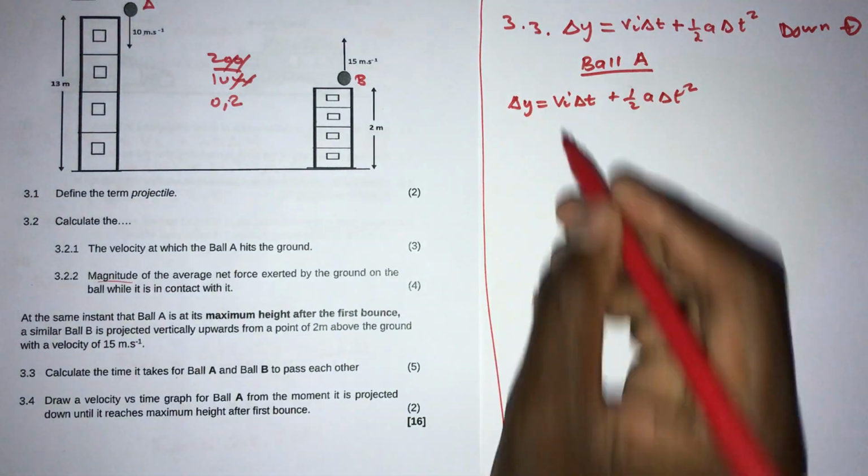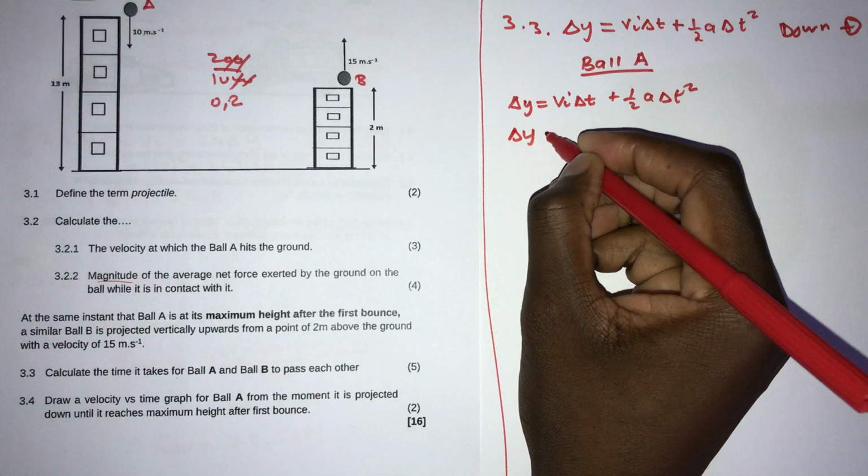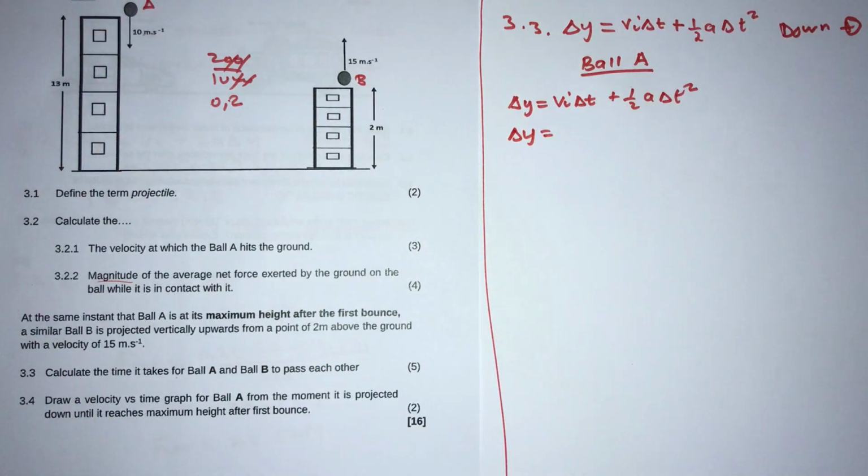The distance where they're going to meet, we don't know, right? So let's just take it at that one. It is equal to the initial velocity of ball A. They're talking about when ball A was at the maximum height. So ball A at the maximum height, the velocity was 0 before it comes back down, right? So that's when they decided to release ball B, or to throw ball B upwards.